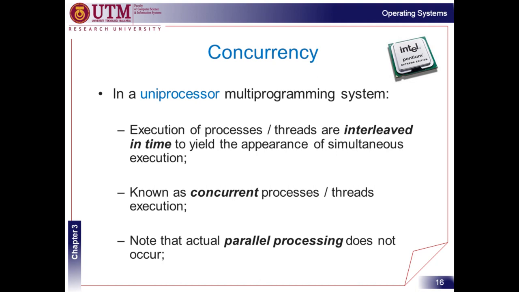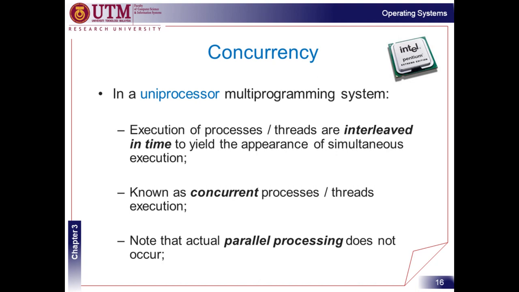However, the processor can switch between different processes and threads very quickly so that each process or thread gets a share of the processor time. This is called interleaving or time sharing.